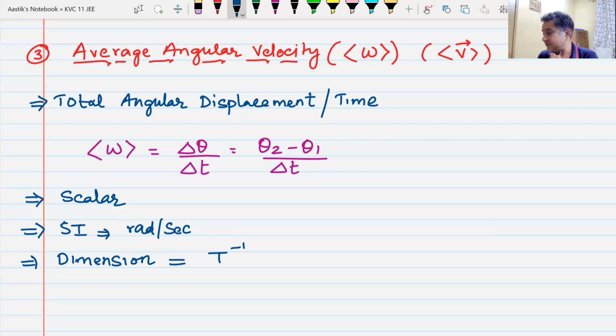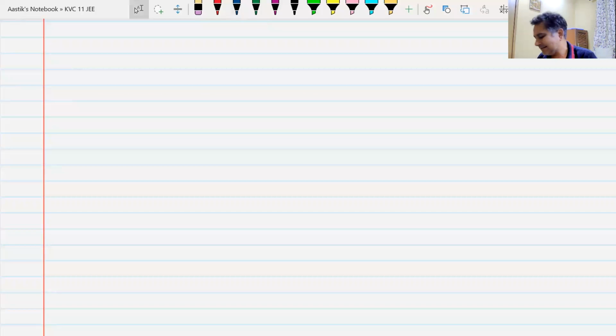Everyone has written this down? Again, this is a revision of what we have already done. Angular acceleration, sir. Now remember this average angular velocity.